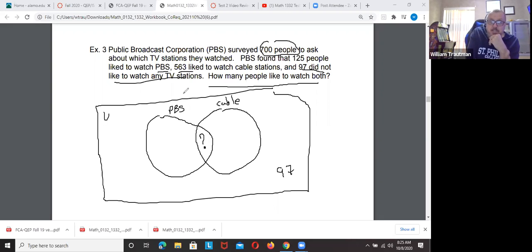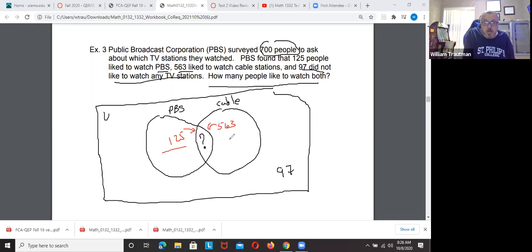I'm going to write them in a different color first. 563 like cable, and only 125 like PBS. But some of them like both. We just don't know. That's what we're trying to find out.